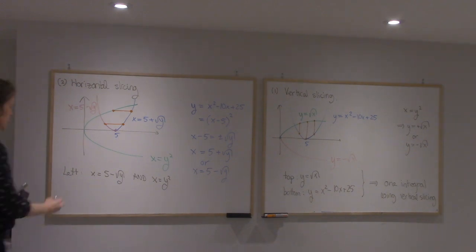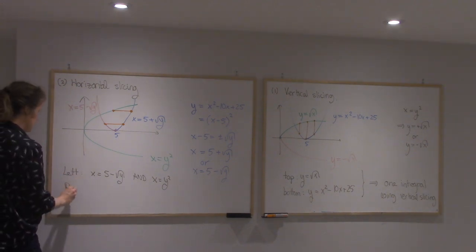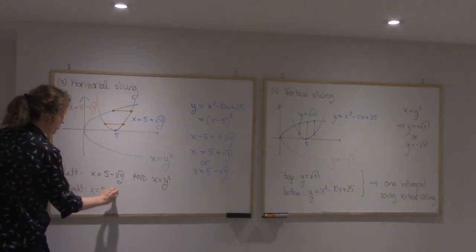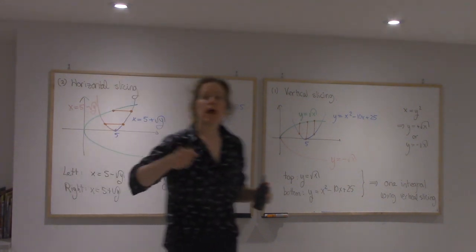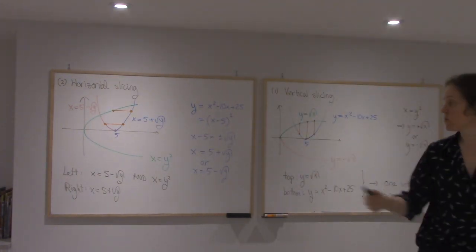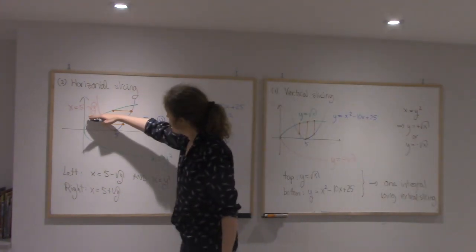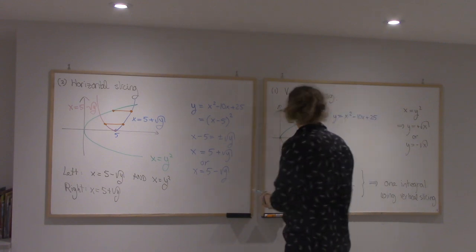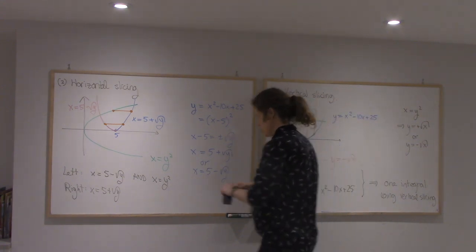Right, so left changes halfway, but right is always x equals 5 plus root of y. So to be able to write the area as an integral, I'd have to split that integral up at this junction that we didn't solve for. And so in this case, I would need two integrals.